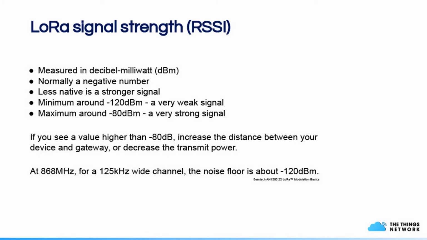The maximum depends on how close you are to the gateway, but a signal of about minus 80 dBm is very strong. Anything stronger than this may damage your gateway. At 868 MHz for a 125 kHz wide LoRa channel, the theoretical noise floor is about minus 120 dBm. That's why we will almost never see an RSSI value lower than this.